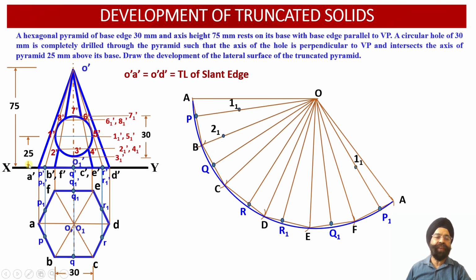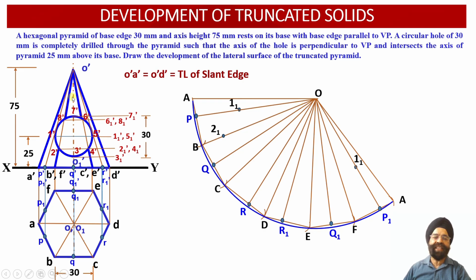Now the next point available is 2. We know that the point of intersection 2 happens to lie onto the slant generators O-B and O-F over here. So point 2 we can mark onto O-B and O-F. This is OF. This is OB.